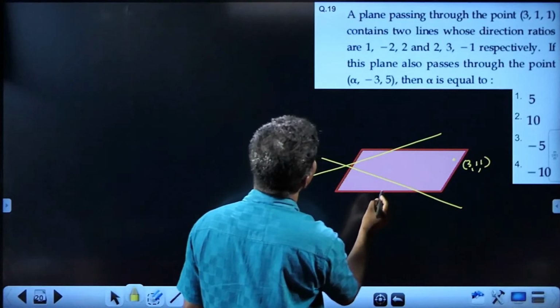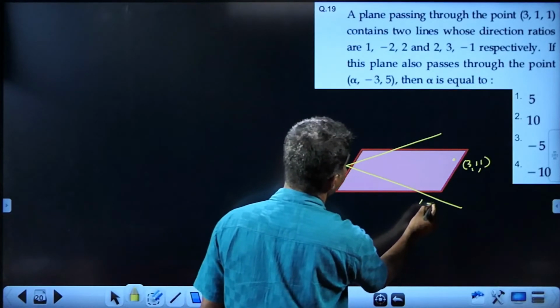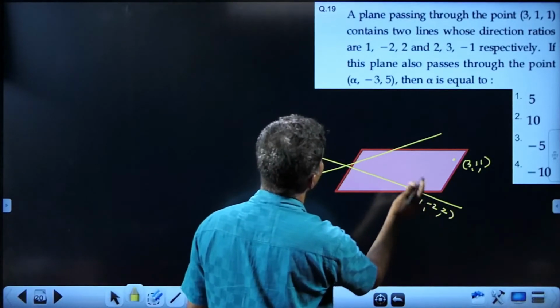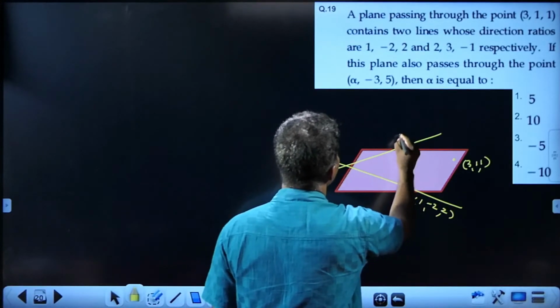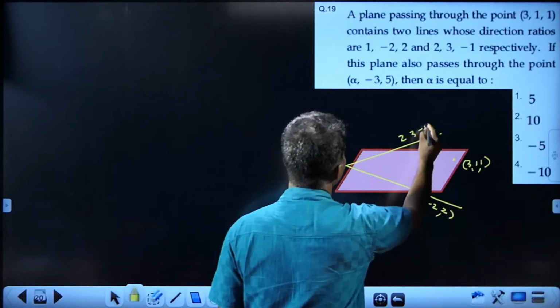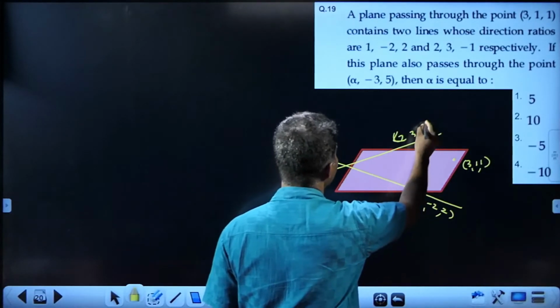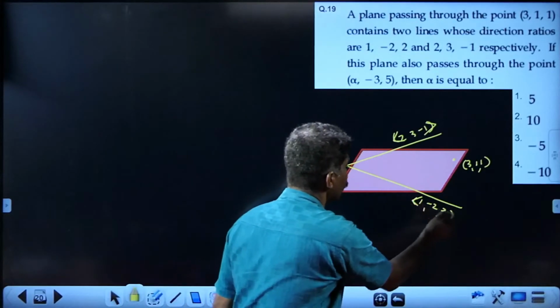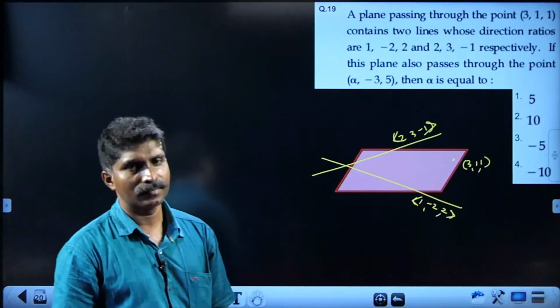Its direction ratios are given as 1, negative 2, 2 and 2, 3, minus 1. These are the direction ratios. They are not the points, they are the direction ratios, DR of the lines.